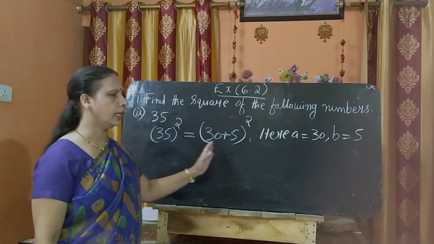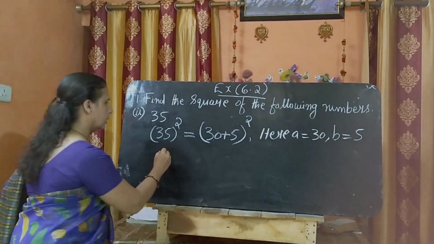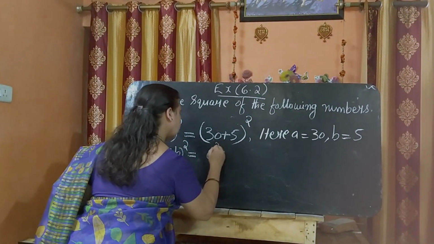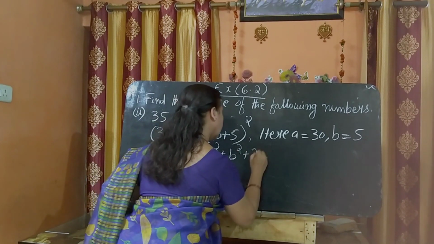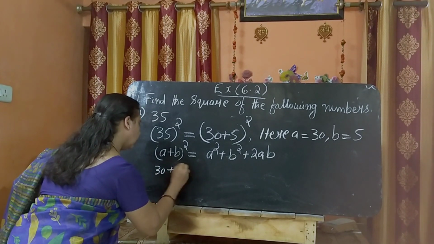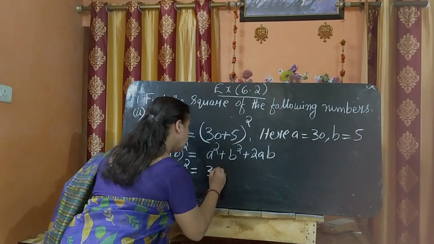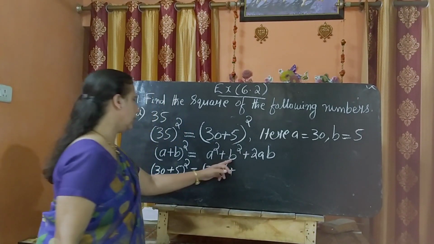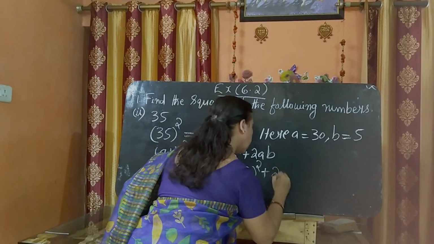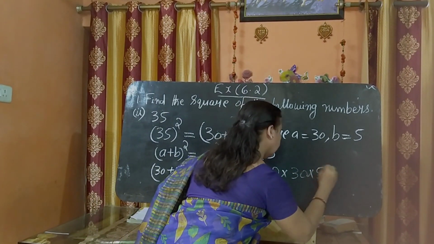Next we have to use the identity. What is the identity? Identity is a plus b the whole square equals a square plus b square plus 2ab. That is 30 plus 5 the whole square equals a square, 30 square, plus b square, 5 square, plus 2 into a 30, b 5.